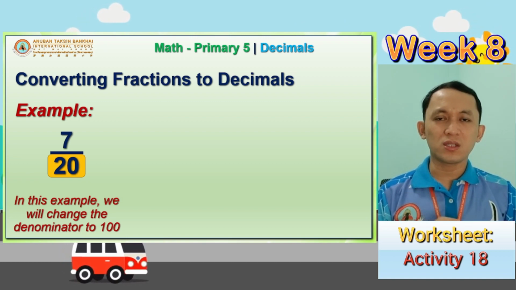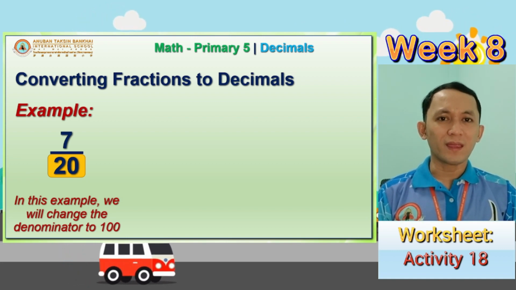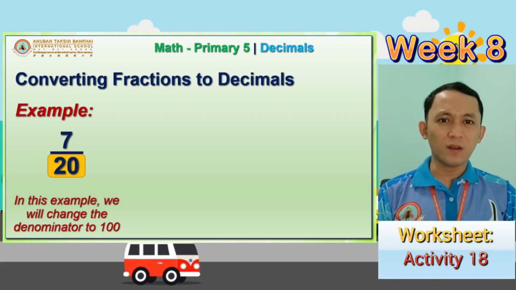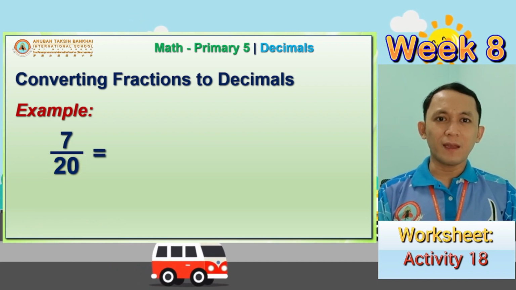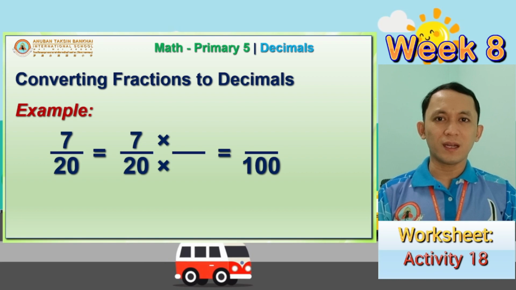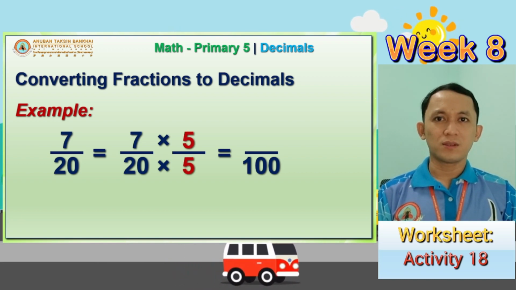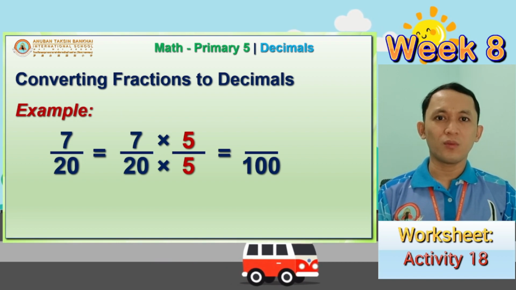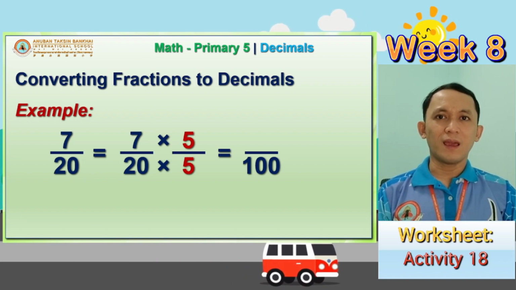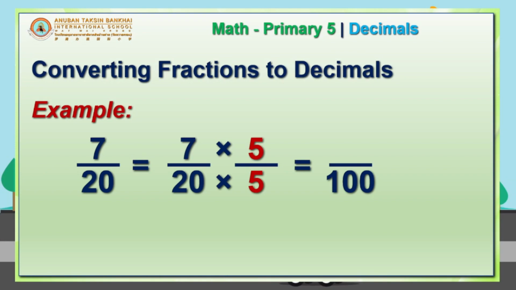So 7 over 20 multiplied by what number to make it 100? We multiply it by 5. So 20 times 5, we have 100. And 7 times 5, we have 35.